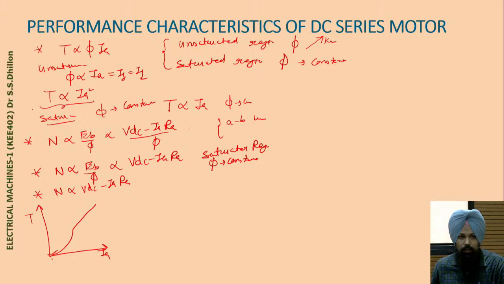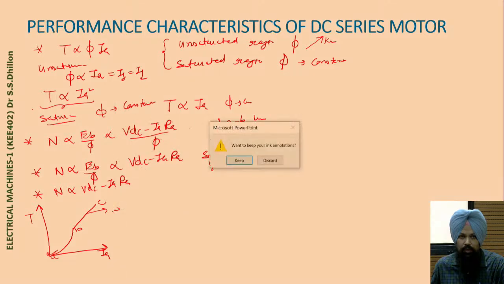This is for A to B, and this is for B to C. Why is this almost a straight line? Because here we have the saturated region, where flux is constant.